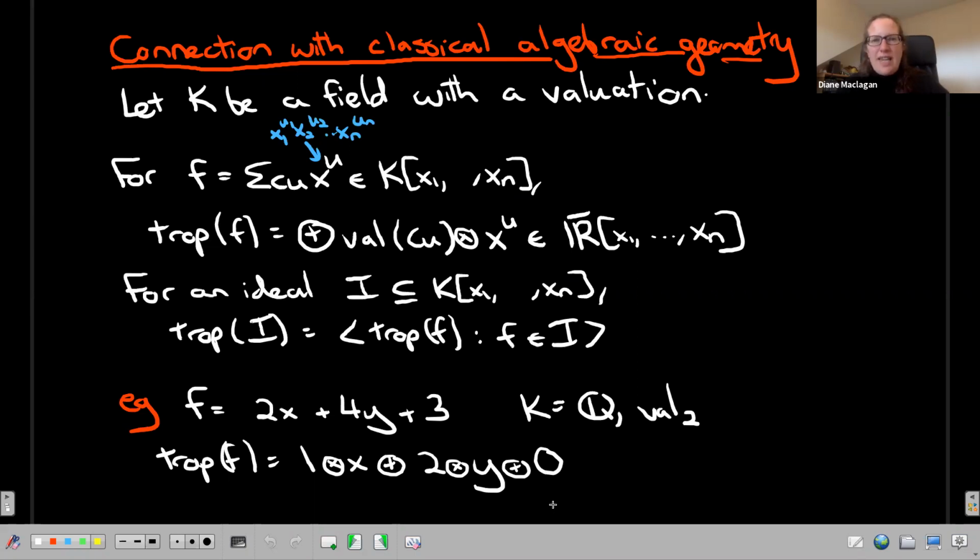And remember, I can't delete the 0 because 0 is not the additive identity. Okay, so I started with the usual polynomial and I get a tropical polynomial. Okay, any questions, comments at this point?